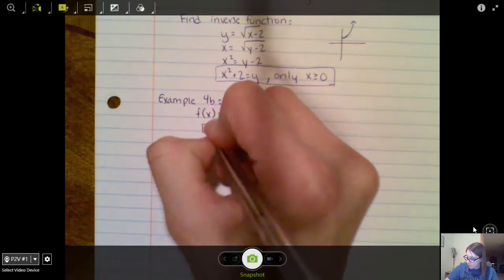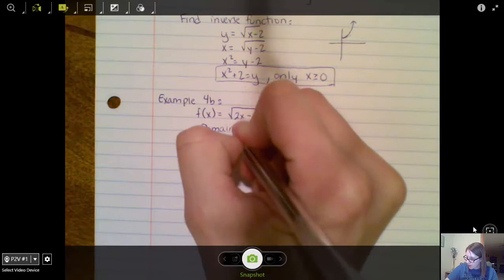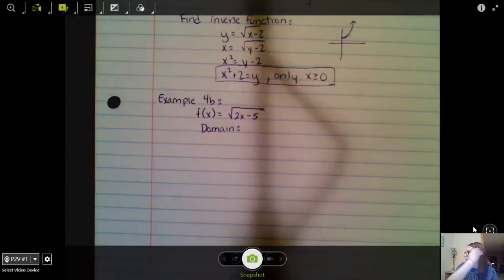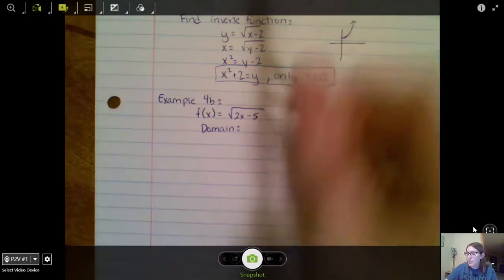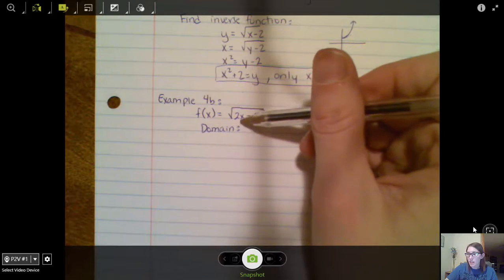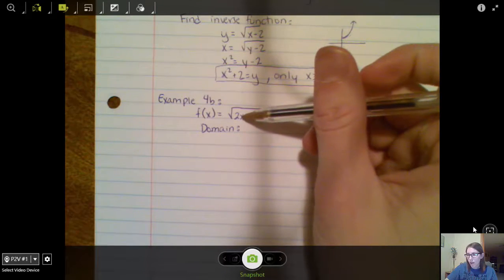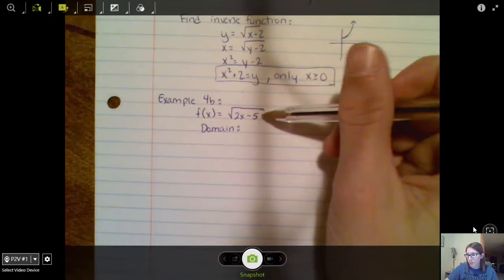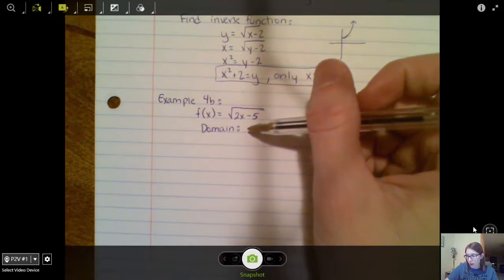So my domain, I need to figure out what restrictions there are on my x values. And similar as before, if I plugged in like 0 for x, I'd have 0 minus 5 is negative 5, but square rooted is imaginary. That doesn't work.